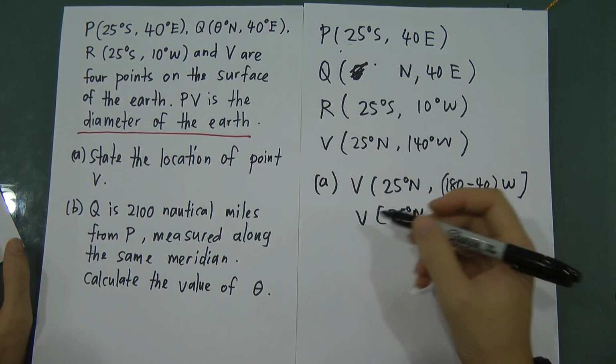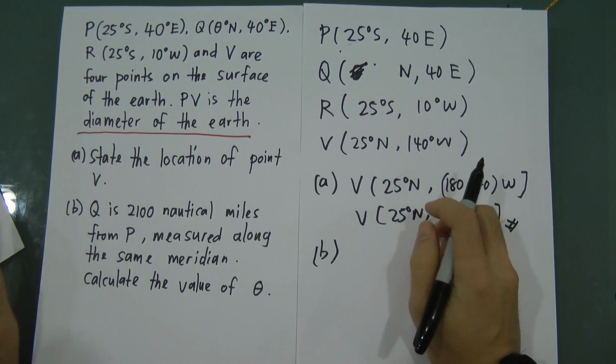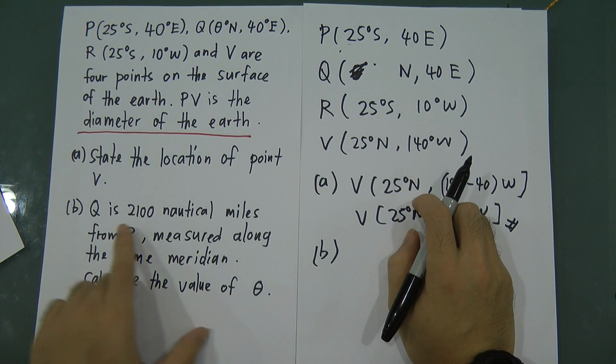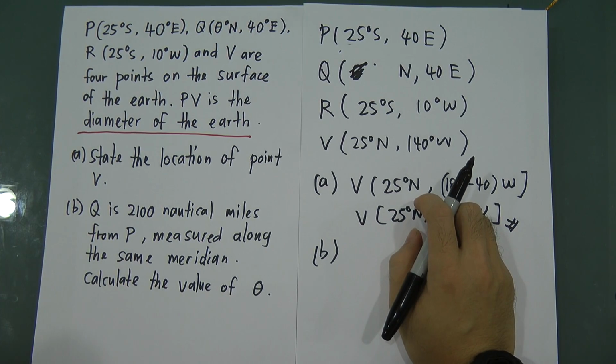Alright, then we go for B. Okay, what the question asks for B is, he said Q is actually 2,100 nautical miles from P, and measured along the same meridian. When you see the words same meridian, what does it mean?